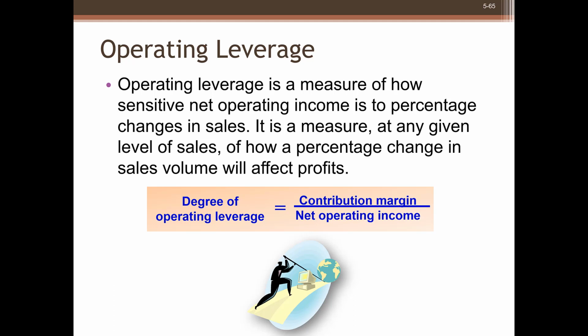It's a measure, at any given level of sales, of how a percentage change in sales volume will affect profits. This is the formula to calculate degree of operating leverage. We divide the contribution margin by net operating income.